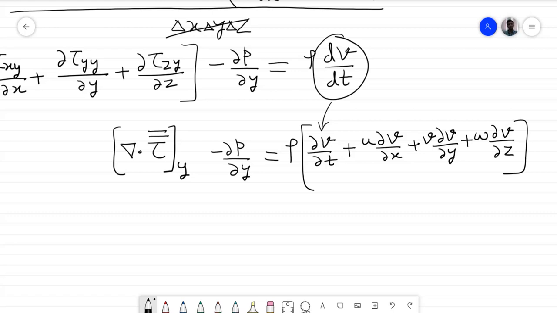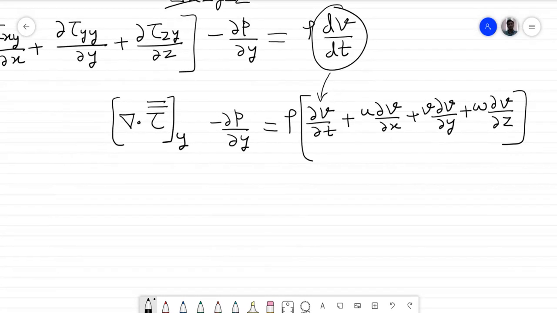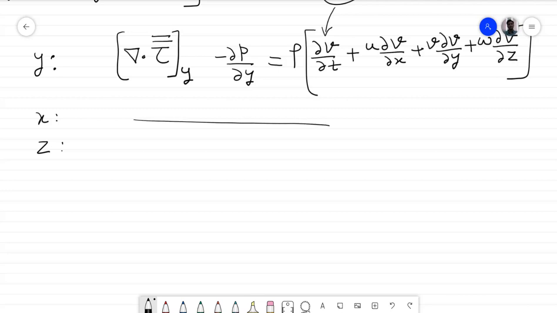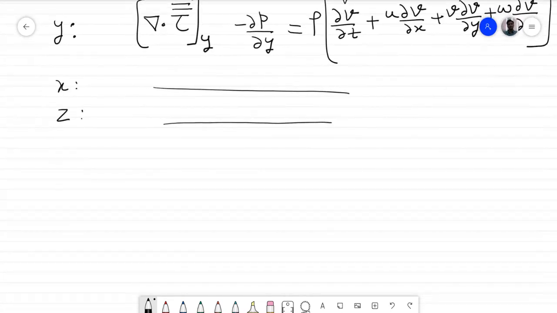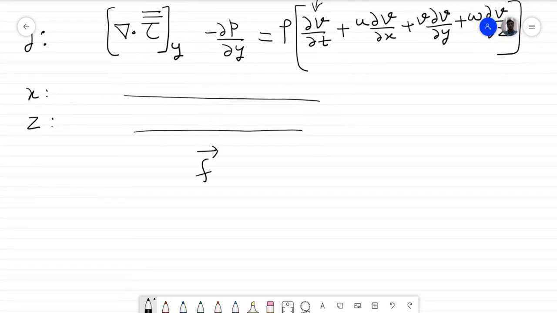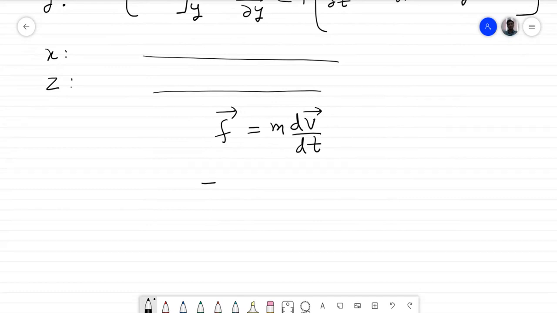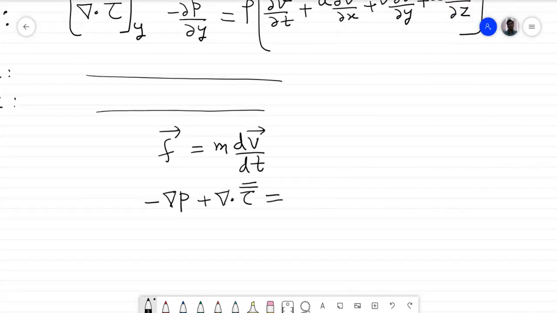So this is the momentum equation, and this is only for the y direction. If we generalize this equation to all 3 dimensions, if we write the x component and z component, you can fill this in, and then the entire equation in vector form can be written as minus grad p plus del dot tau is equal to rho dv by dt.